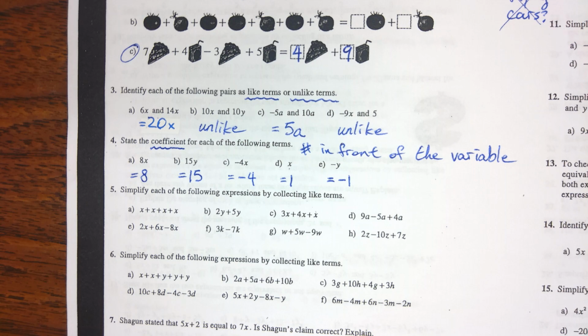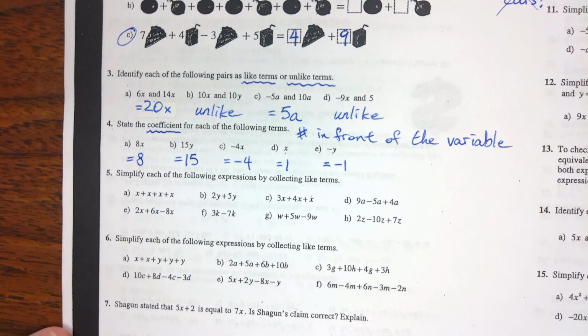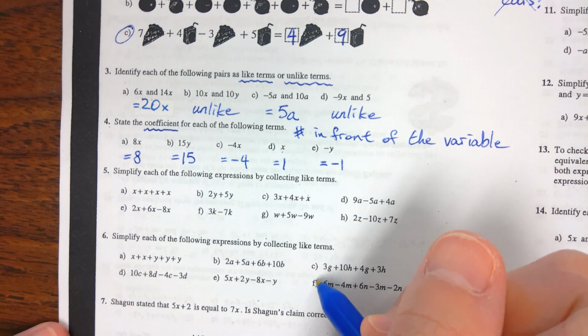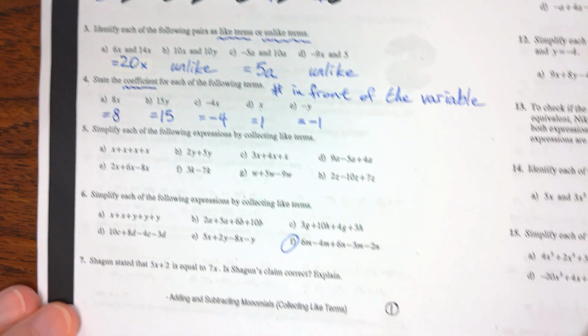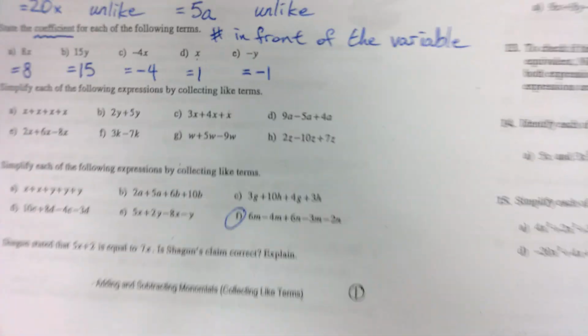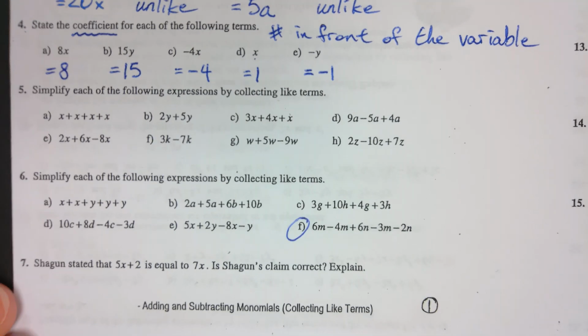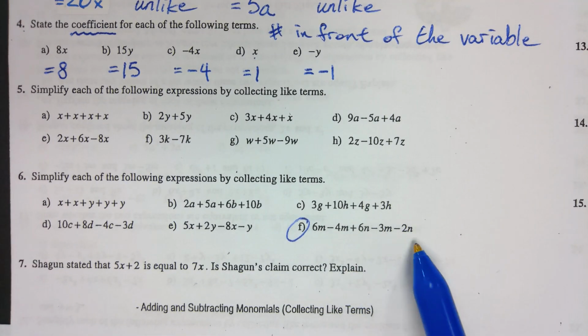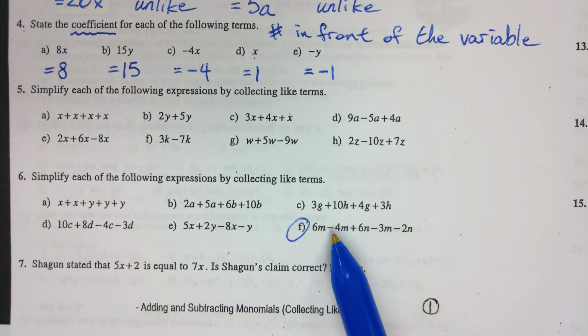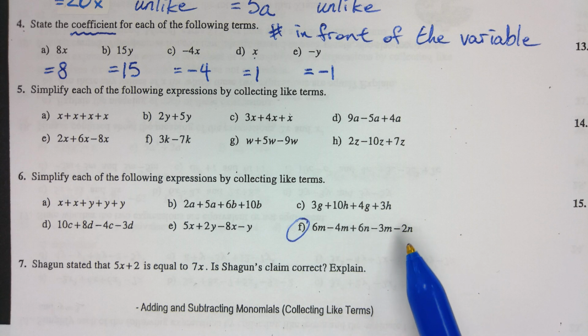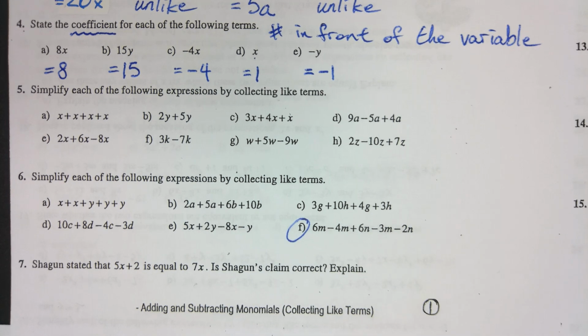Okay, so let's try this one. 6f. Can we try 6f right here? Who wants to give this one a try? So collecting like terms. Which are my like terms here?